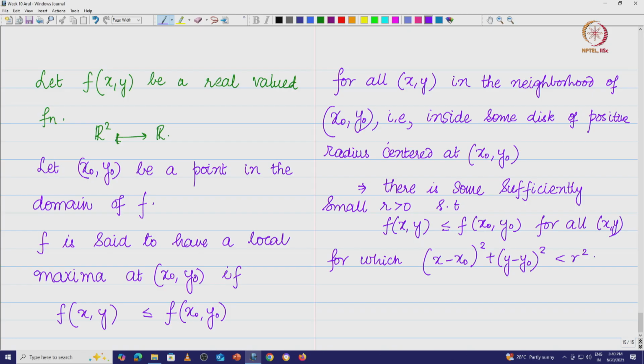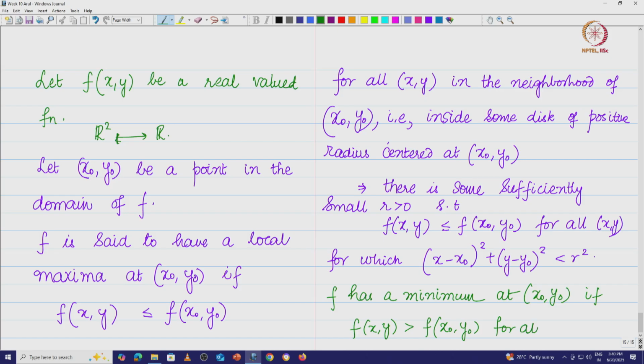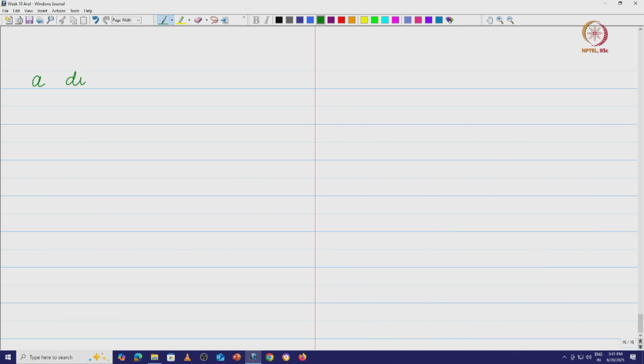You can also talk about the minima. If we talk about the minimum, we say that f has a minimum at x naught comma y naught if f of x comma y is greater than f of x naught comma y naught for all x comma y inside a disk centered at x naught comma y naught.